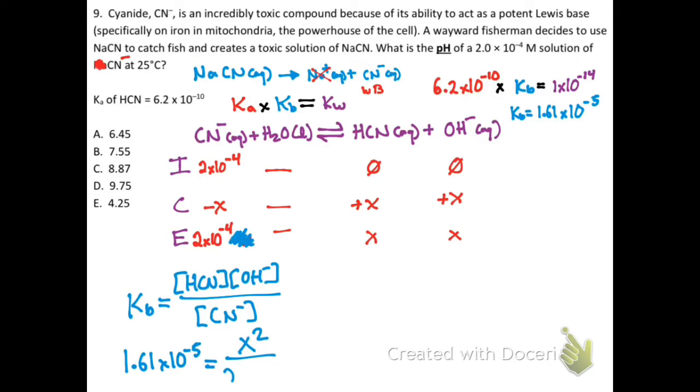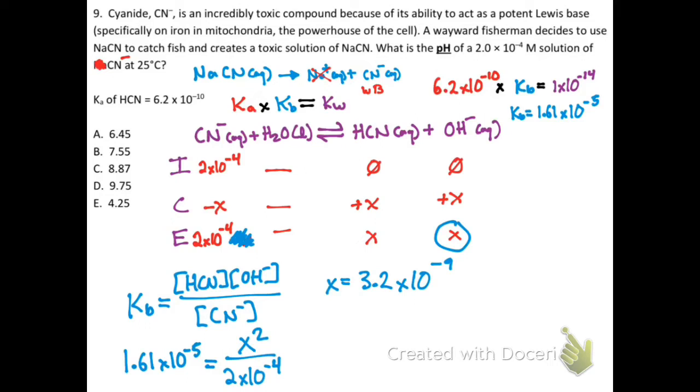So we're just going to plug in 2 times 10 to the negative 4th right here. Then to solve for x, we multiply both sides by 2 times 10 to the negative 4th, and then take the square root. And when it's all said and done, we'll end up getting that x is equal to 3.2 times 10 to the negative 9th. All right, and then just remember, that represents the concentration of hydroxide.